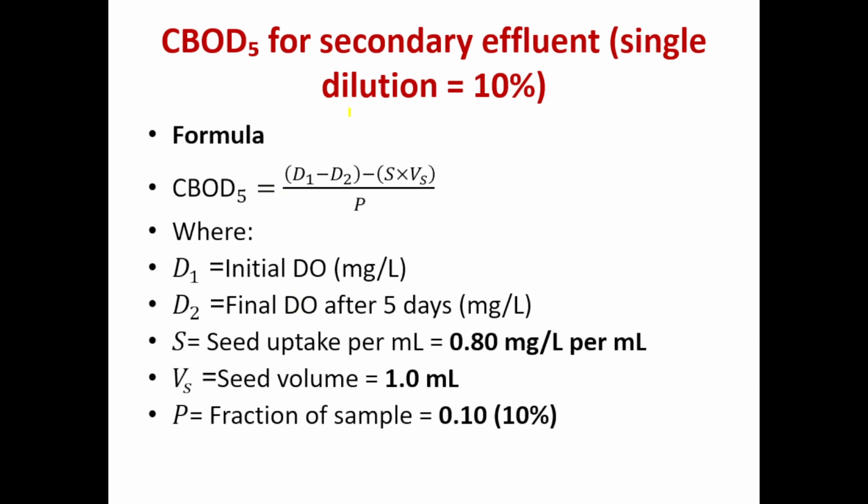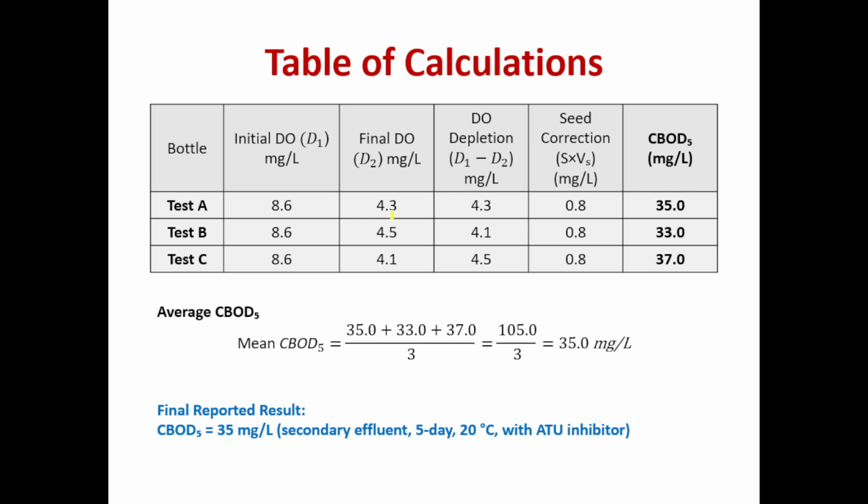So now we need to calculate CBOD for secondary effluent by using this formula. DO1 we know, DO2 we know, seed uptake per ml we know, we have calculated from the seed bottles, that is 0.8 mg per liter. Volume of seed we used we know, that is 1 ml, and the fraction of sample we know is 0.1, 10% dilution we have used here.